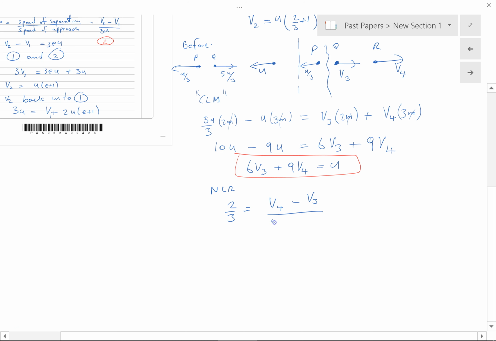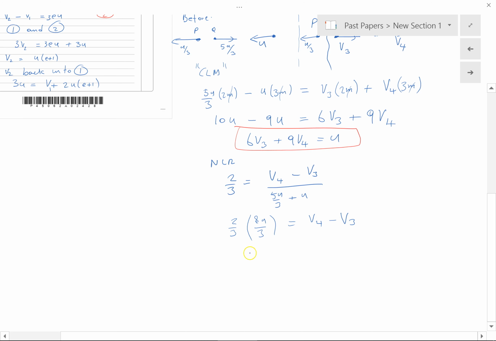So that's 2/3 times (5U over 3 plus U), or 2 over 3 times 8U over 3, is equal to V4 minus V3. Multiplying out by 9, we get 16U is equal to 9V4 minus 9V3.